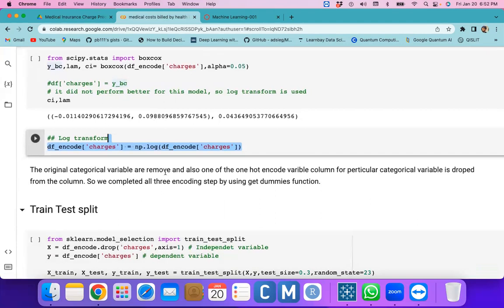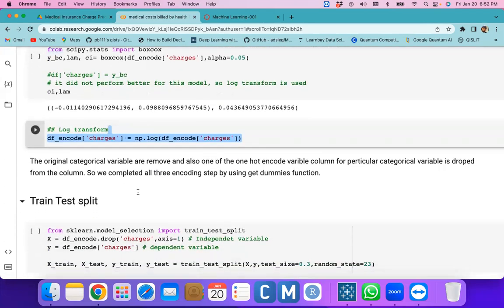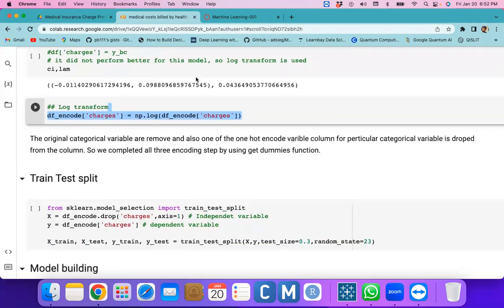The original categorical variables are removed, and for the one-hot encoded variables, one column for a particular categorical value is dropped. So we complete the three encoding steps by using the dummy function. Whatever data we have, we are converting into a normal distribution. Normal distribution is a very simple thing, guys.